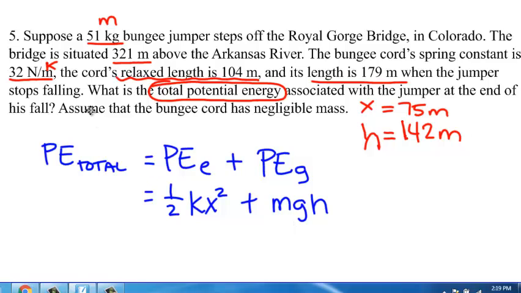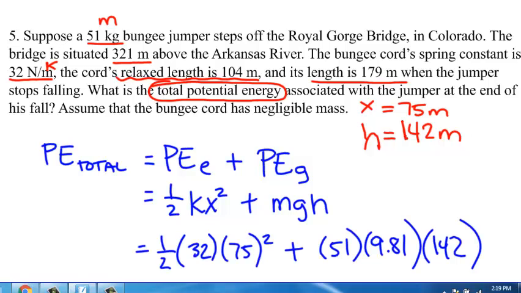Now I can take everything from up here and just plug in. So 1/2 times k, we noticed k up here was 32, times x, which we figured out to be 75 squared, plus m is 51, g is always 9.81, and h is 142, which we calculated a little earlier.